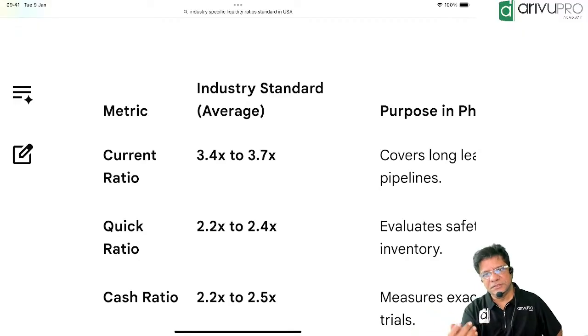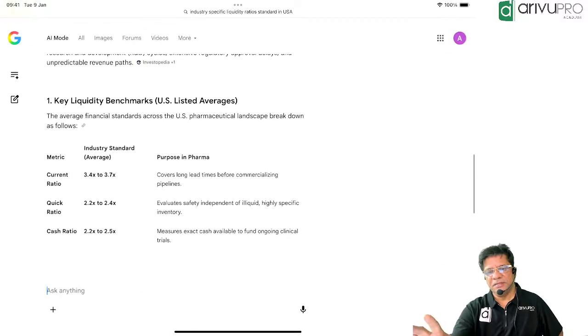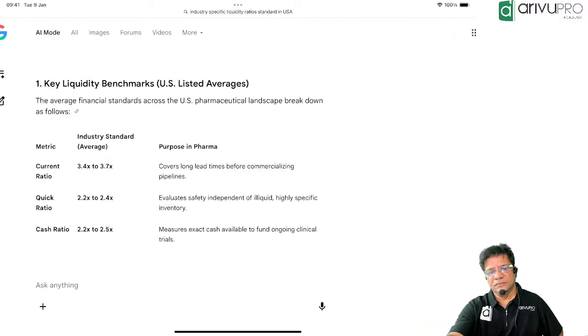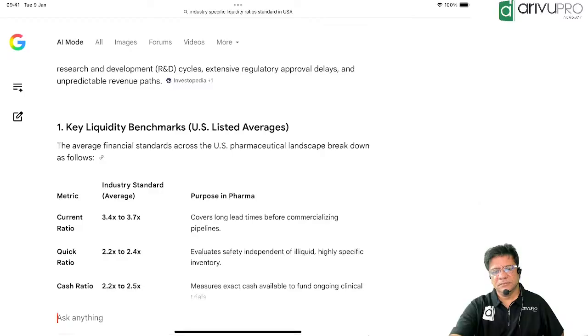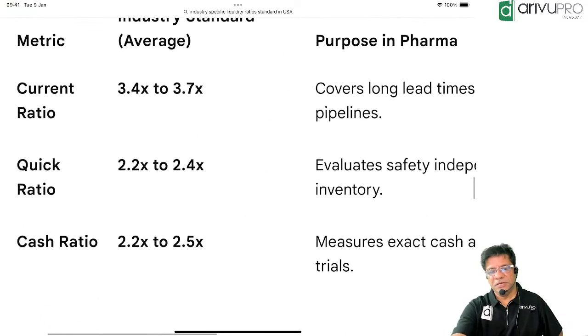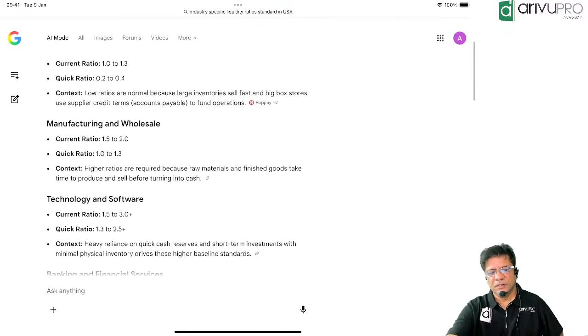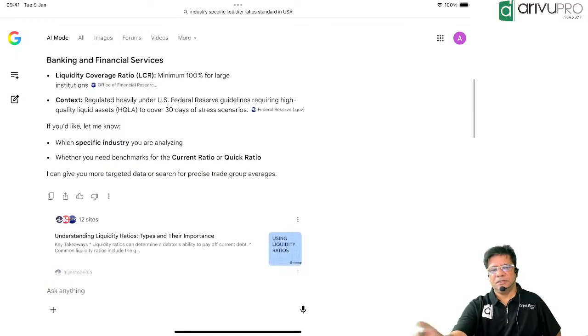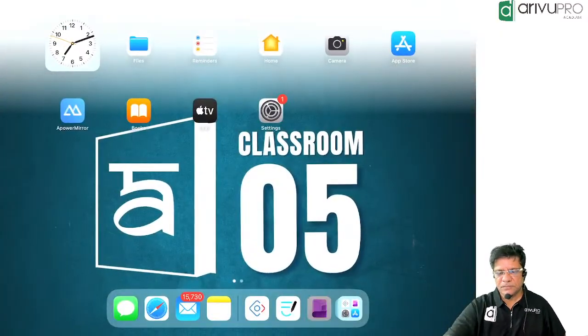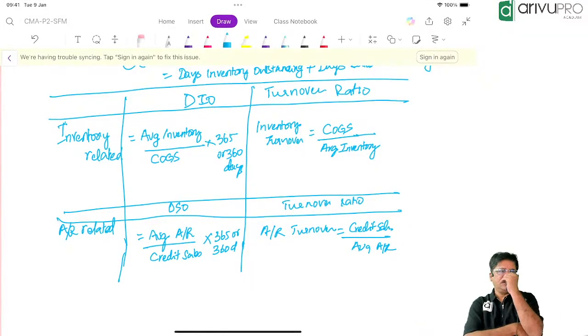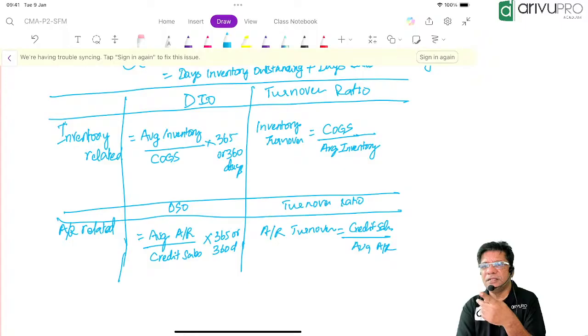Same pharma in India is different. This is an American exam. In pharmaceutical, you should keep a lot of cash ratio, 2.2 to 2.5, and 1.3. Did I answer your question? Now, what did I say in the last sentence?